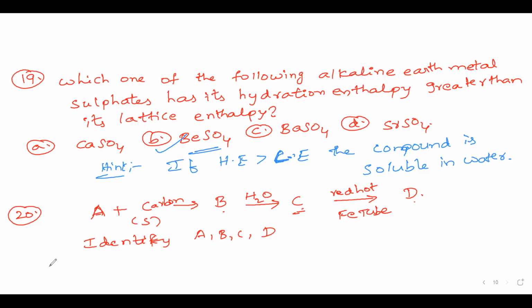I'll write the equation straight away. Calcium oxide plus carbon forms calcium carbide.